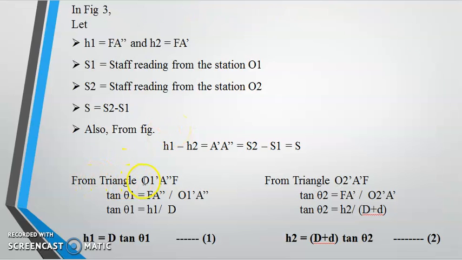So from triangle O1 dash A double dash F, tan of θ1 is equal to H1 upon D, and from triangle O2 dash A dash F, tan of θ2 is equal to H2 upon D plus small d. So H1 is equal to D tan θ1, H2 is equal to (D plus d) tan θ2. These are the two equations which are derived using the trigonometric concept. Kindly refer to the diagram, consider the respective triangles and try to write the equation for tan of θ1 and tan of θ2. This is a very simple concept which is used.